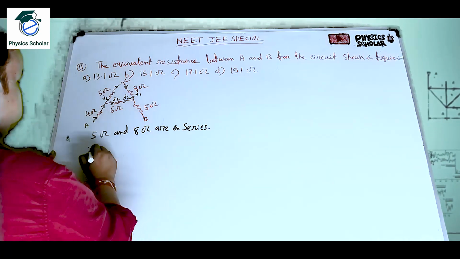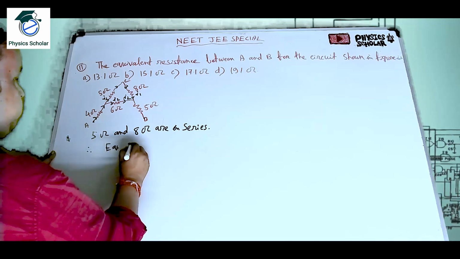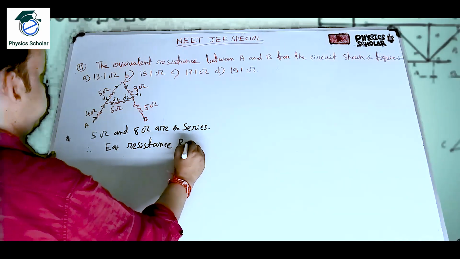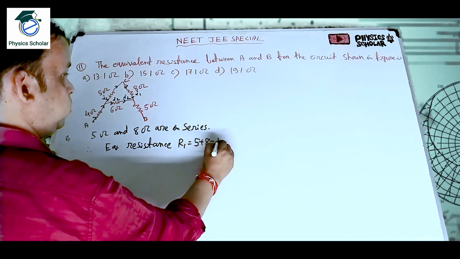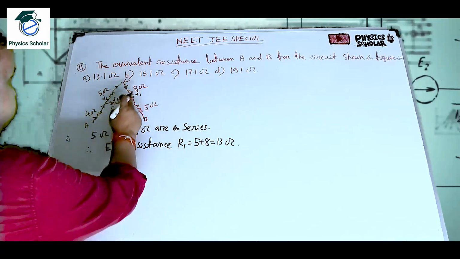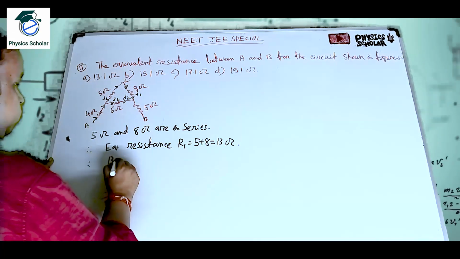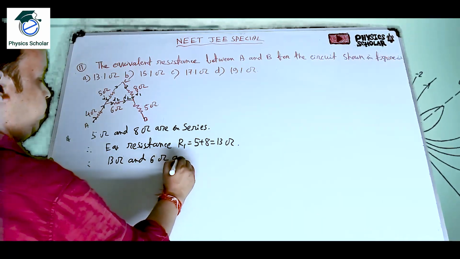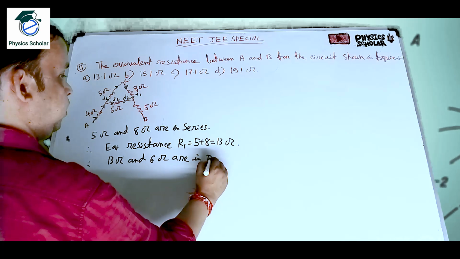So the equivalent resistance, say R1, is equal to 5 plus 8 is equal to 13 ohms. Clear? Now this 13 ohms and this 6 ohms are in parallel.